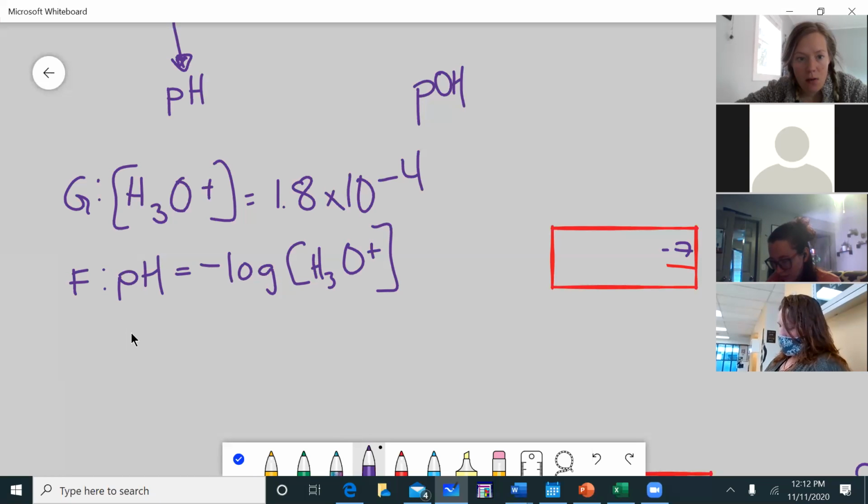All right, so when I take the log of this concentration, I get negative 3.74, but there's a negative in front of there, right? So we're going to flip that sign. So the pH should be 3.74. Think about your pH scale. Is this acidic, basic, or neutral? This would be acidic.